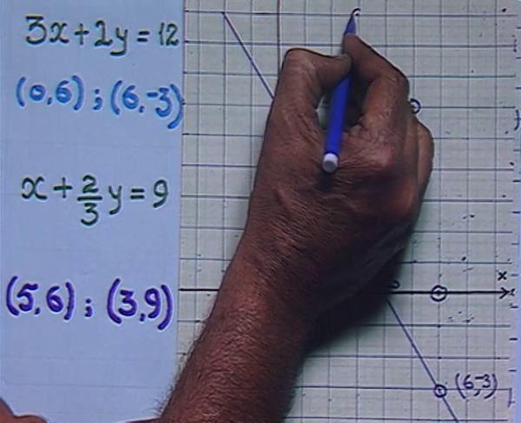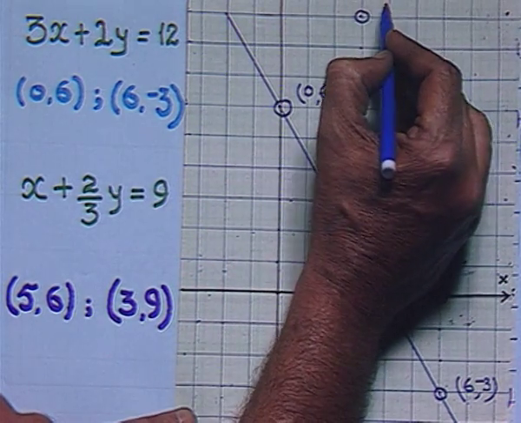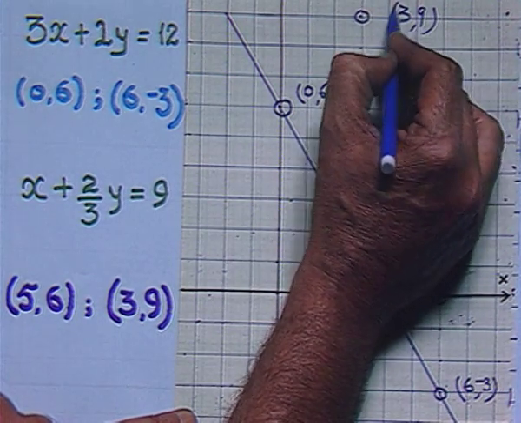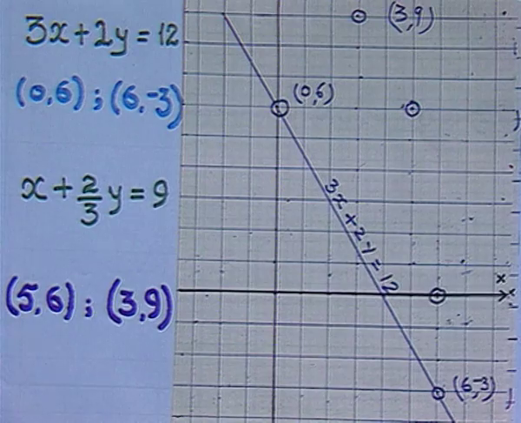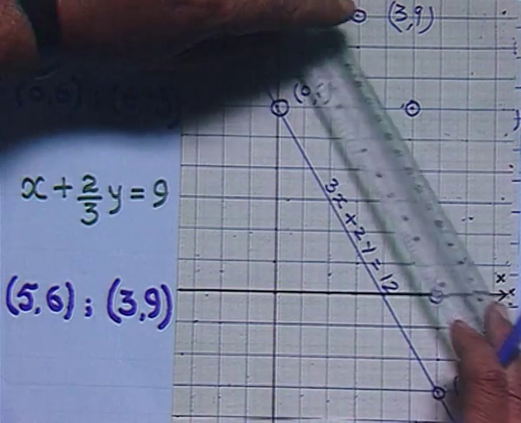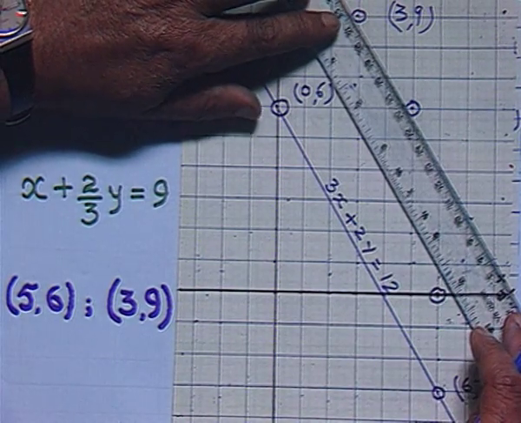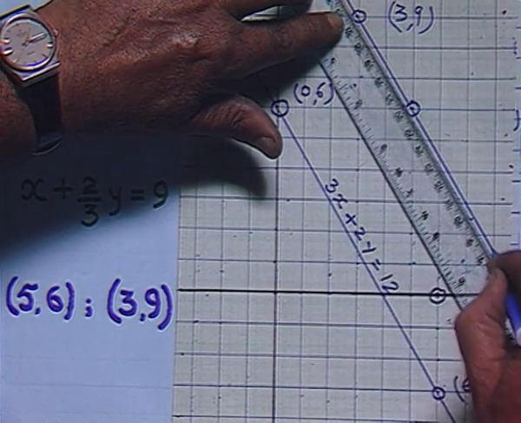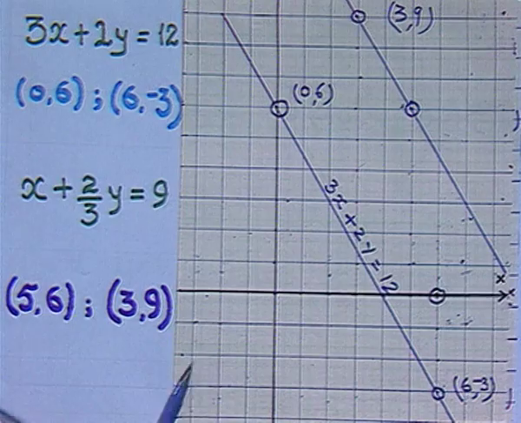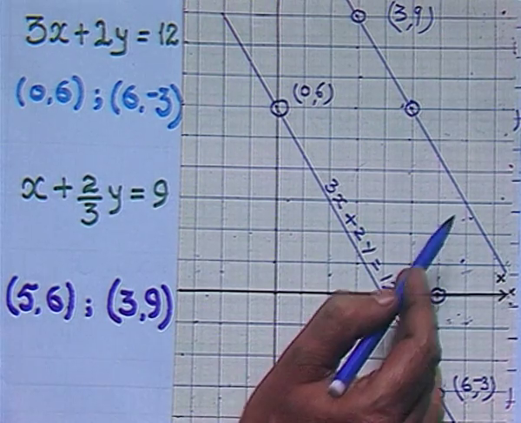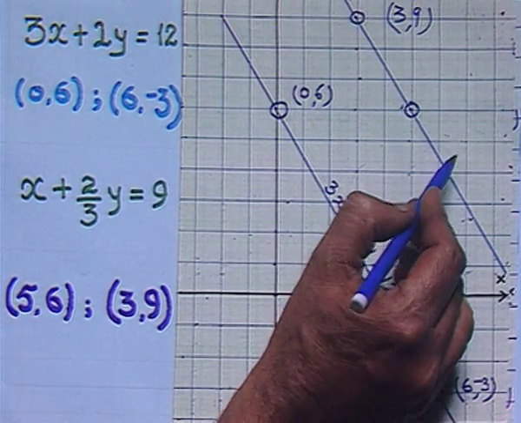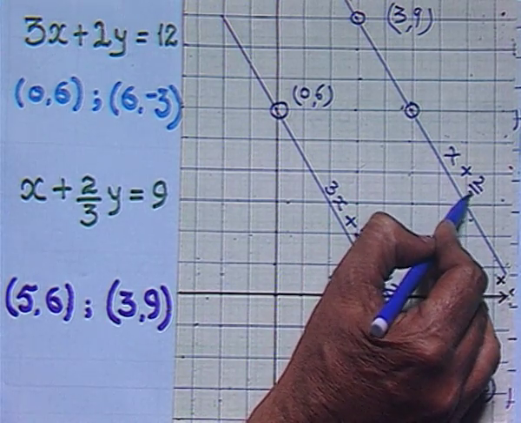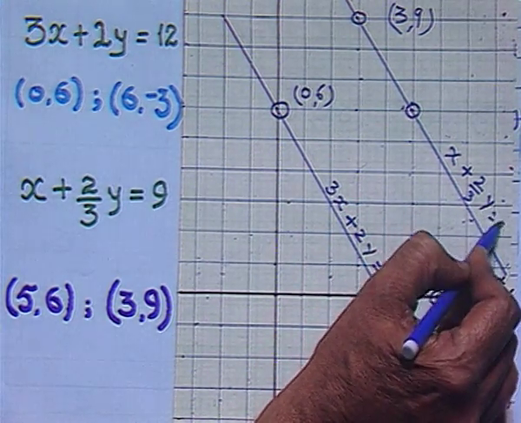So this point is (3, 9). Again joining these 2 points, so this line is x plus 2 by 3 y equals 9.